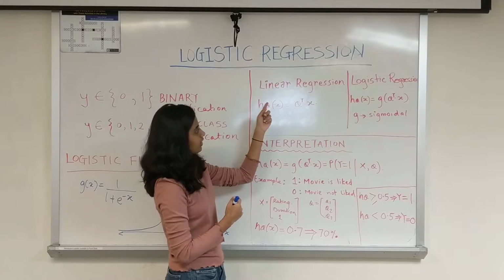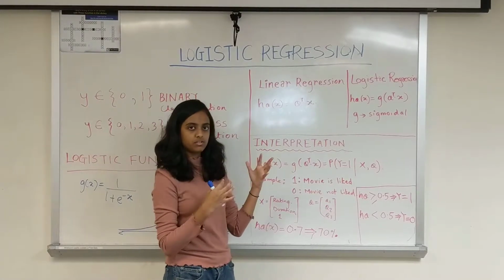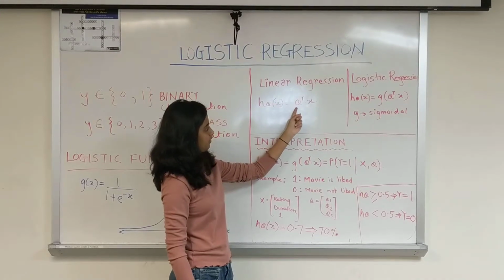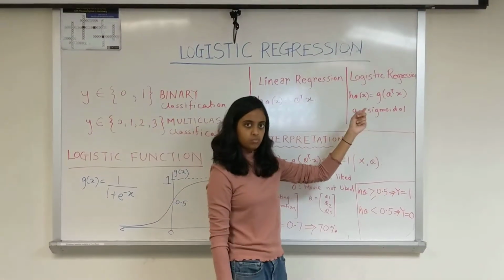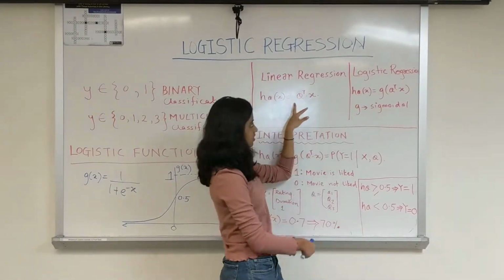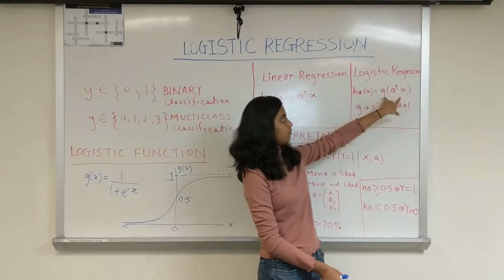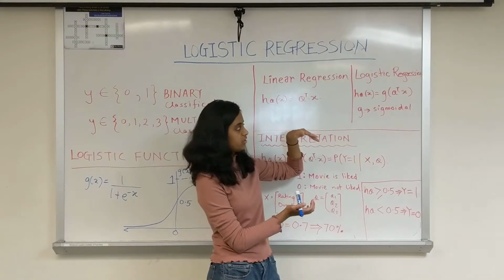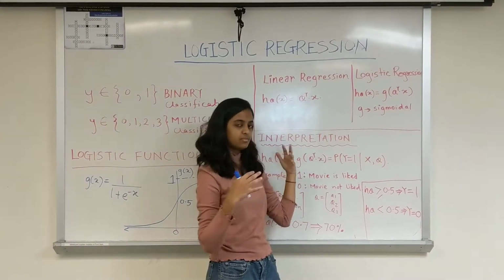In linear regression, our hypothesis function was multiplying our features with the parameters. In logistic regression, what we are doing is feeding this output into a sigmoidal function. So the sigmoidal function would always give us an output between 0 and 1. But what does this mean?